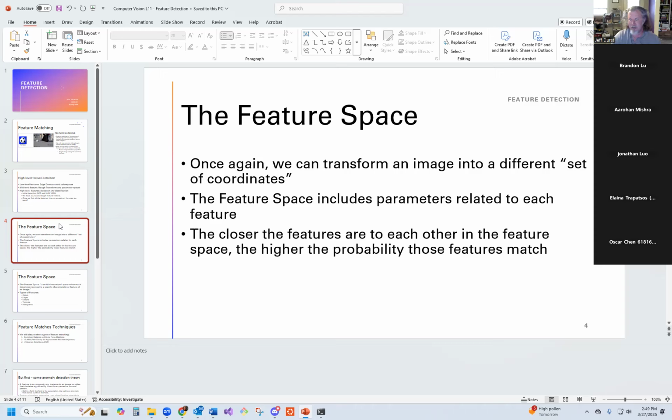And again, we can think of the feature space as a coordinate system where instead of an XYZ point or an R theta point, we have a point in a very, very high dimensional coordinate space, usually hundreds of values. So we've still got this idea of vectors in space, and in our feature space, each vector is some point within that space.